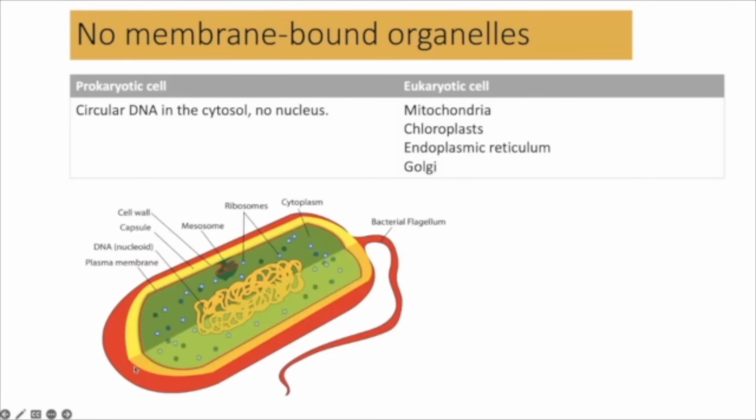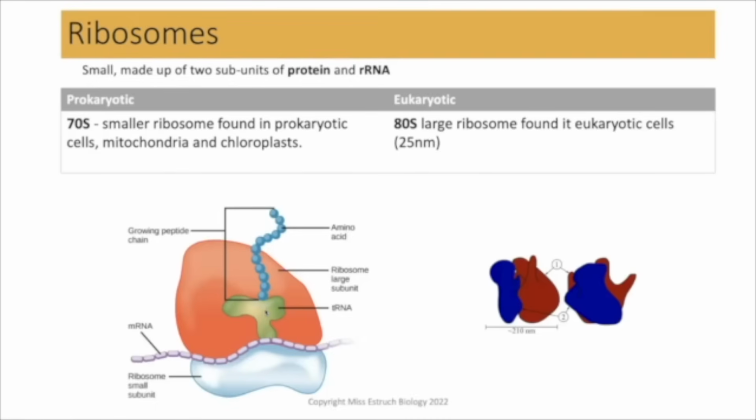So let's have a look at some of those key differences. So we said there's no membrane-bound organelles. So that means they don't have their circular DNA in a nucleus. They don't have mitochondria, chloroplasts, a Golgi apparatus, and endoplasmic reticulum. They're much more basic organisms. The ribosomes, we said they do still have ribosomes, but they're much smaller.